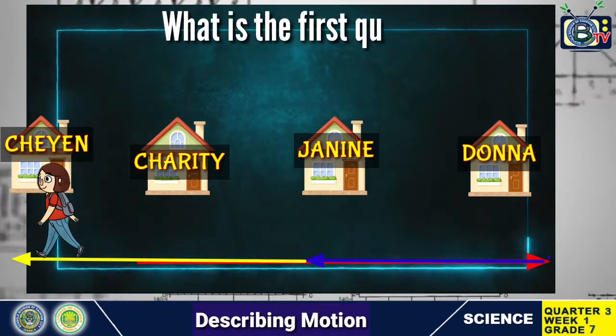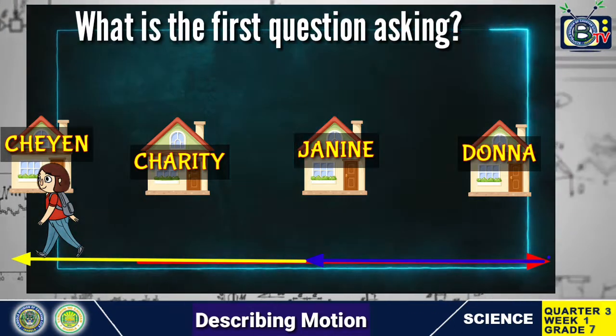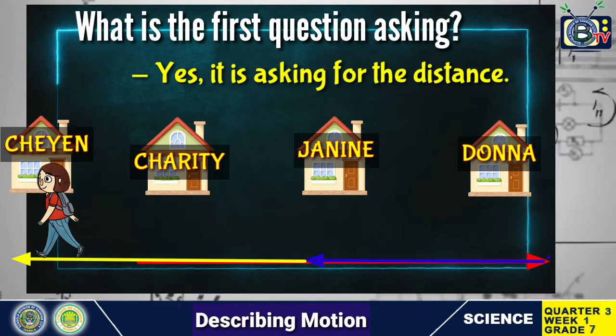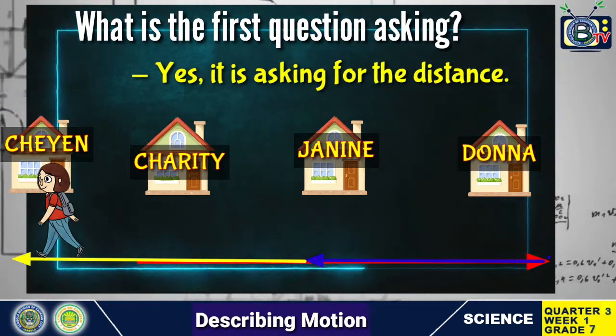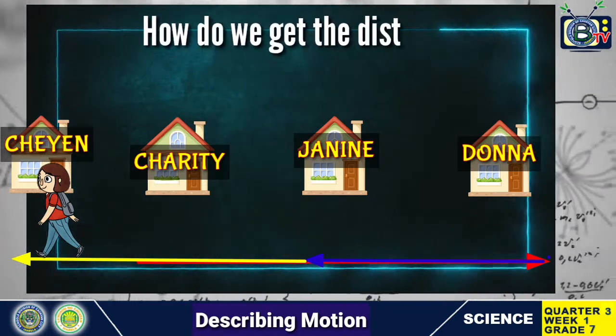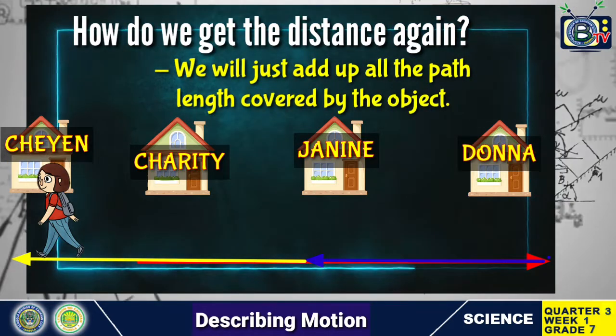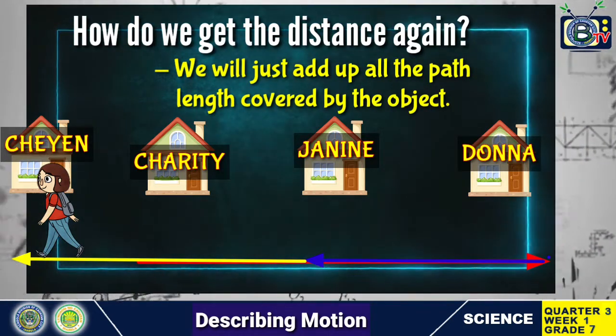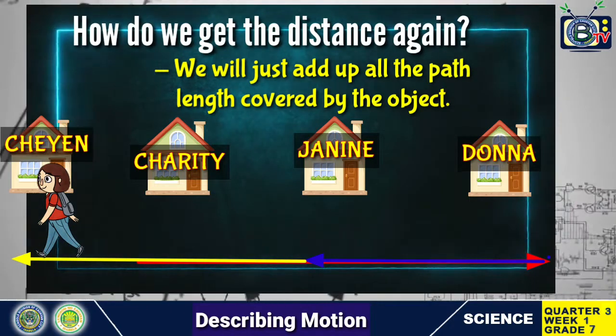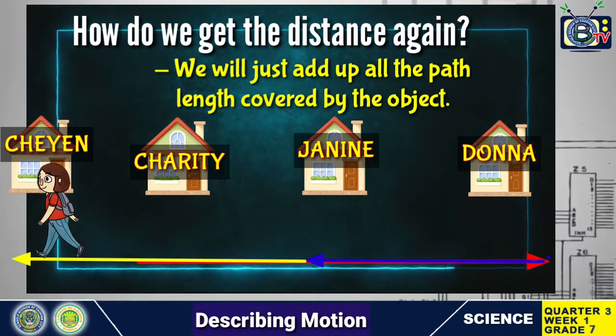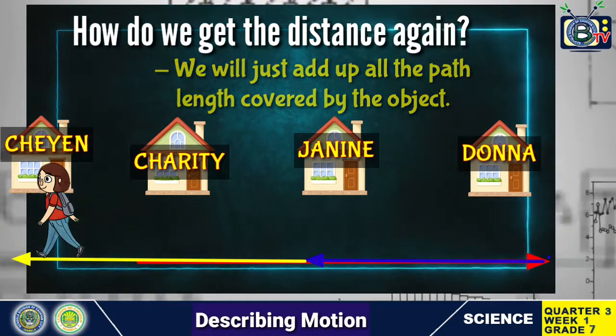What is the first question asking? Yes, it is asking for the distance. How do we get the distance again? Correct! We will just add up all the path length covered by the object. Now, let's draw an illustration based on the situation.